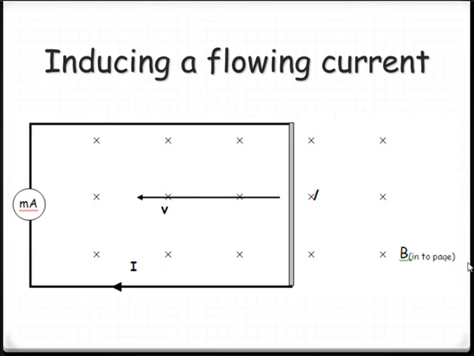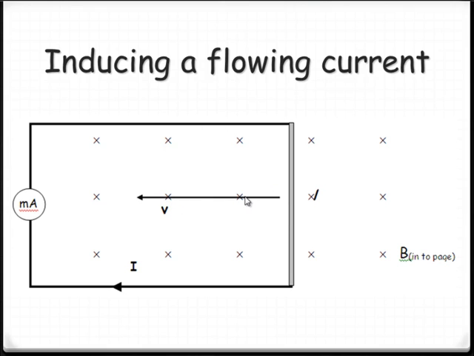Now I find a diagram will help explain what that means. If we have only a section of our loop within that magnetic field, when this moves, see how we've got a full magnetic field here. As that moves, we will get less and less magnetic field inside that coil. So we've got to change the amount of field.